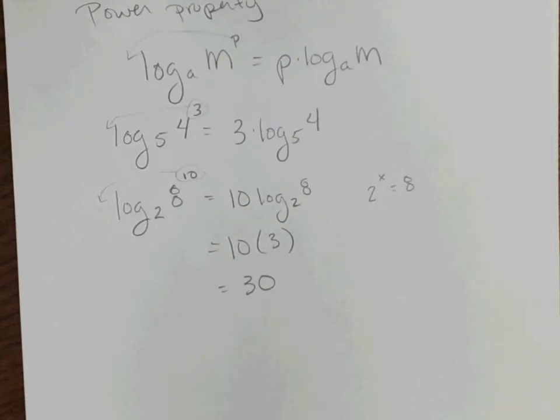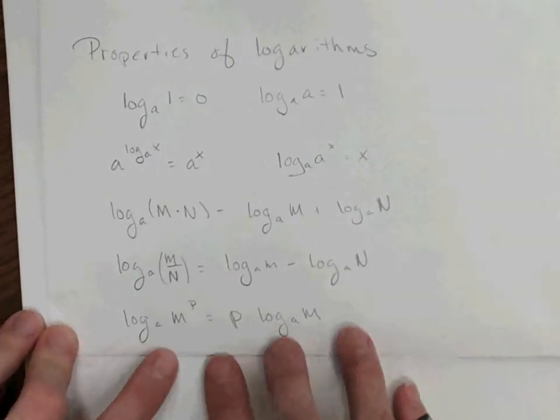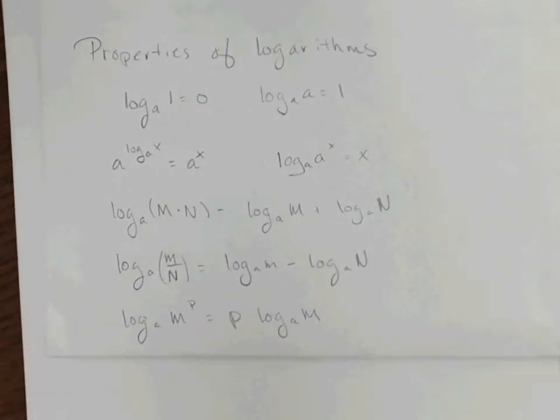Okay? So that's all of the properties for this. We're going to look at some more examples here in a second, but I've got this nice paper right here where they're all written out. These are all of the different properties, so I'm going to leave it here for a moment. You can take a picture if you'd like.